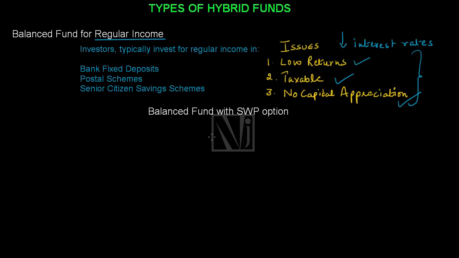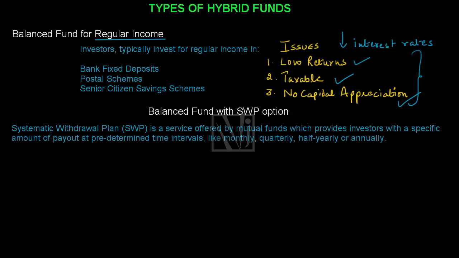So what is a balanced fund with SWP option? Systematic Withdrawal Plan, commonly known as SWP, is a service offered by mutual funds which provides the investors with a specific amount of payout at predetermined time intervals like monthly or quarterly or half yearly or annually.